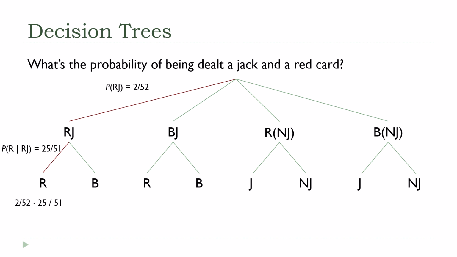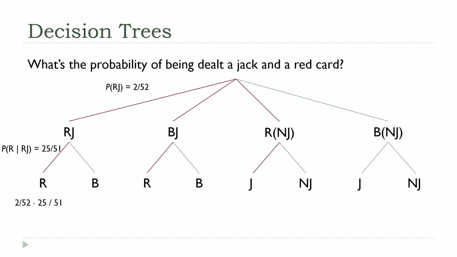So what I want to do now is plot out all the paths that give me a success, that give me a jack and then a red card. So this path is one, and this path is one, and that's all of them.